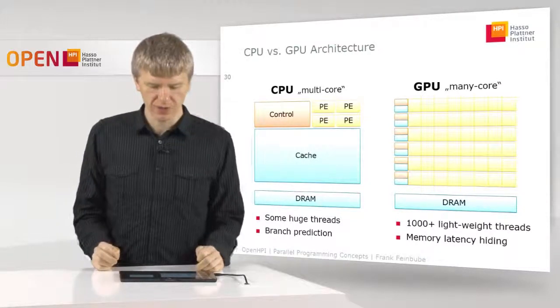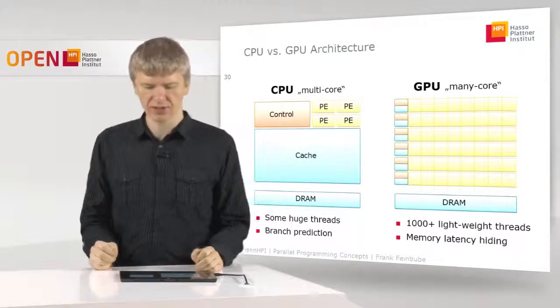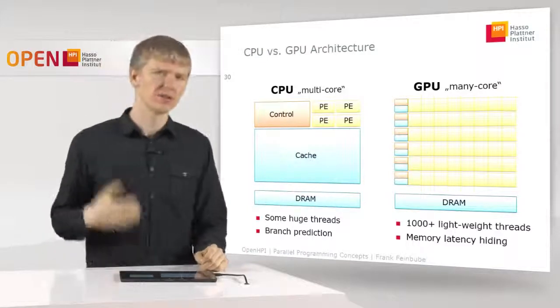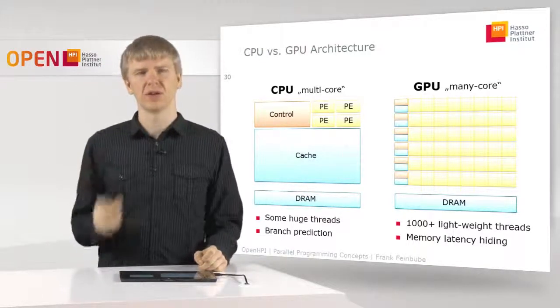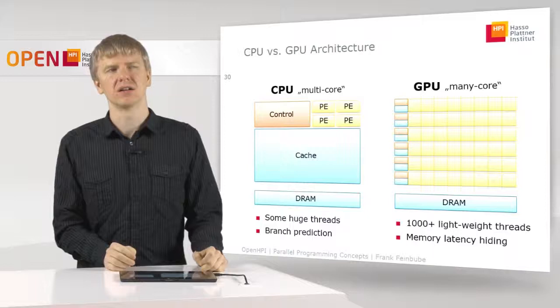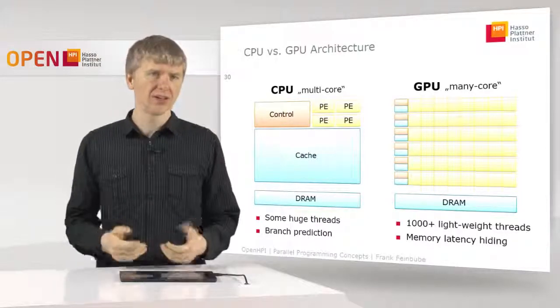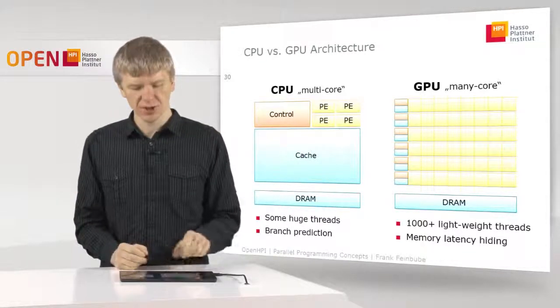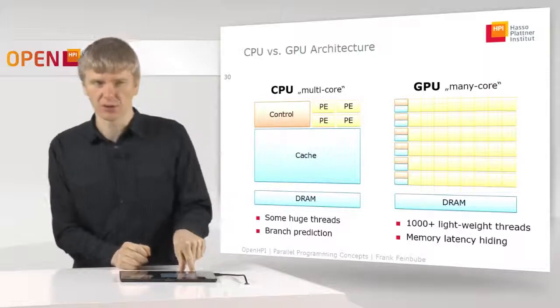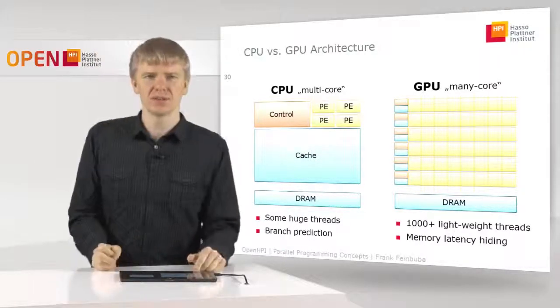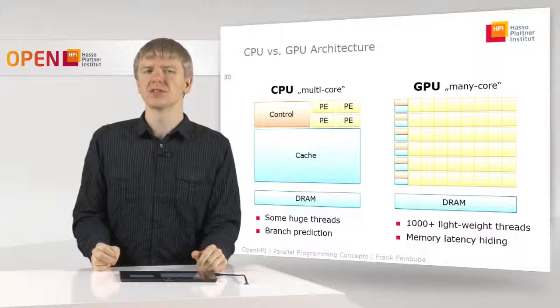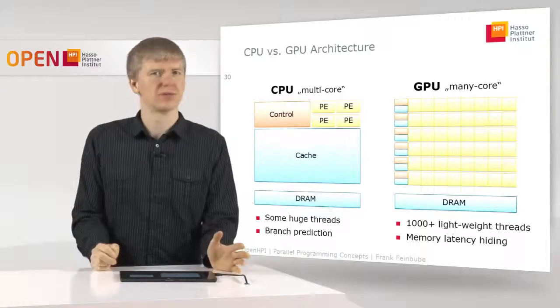On the other hand, on the GPU, most of the transistors are used for actual computing devices. So all the yellow parts on the right side are processing elements again who do the calculations. And in addition, we have very small caches and a very small control unit. Why do we need a very small control unit only? Because GPUs don't allow for branching, for example.